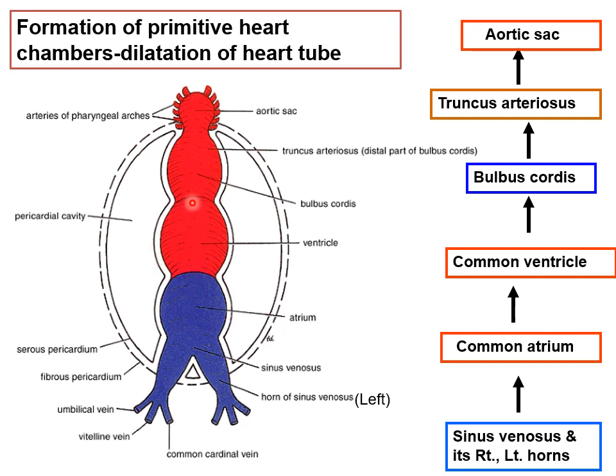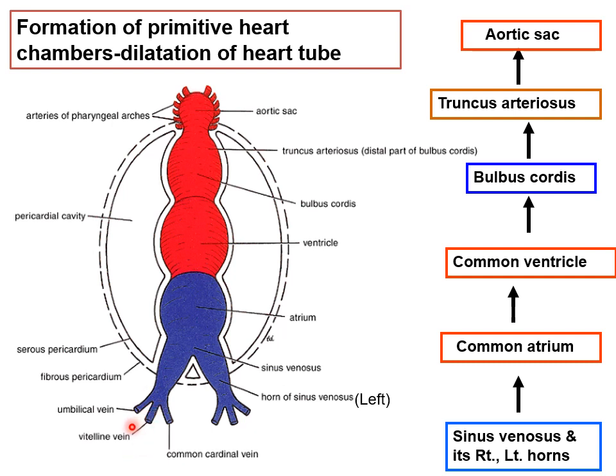This opens into a common ventricle, and then the next chamber is known as bulbus cordis. Cordis means heart, bulbus means again swollen, which then is continuous with truncus arteriosus, because we are coming towards the arterial end, and that is continuous with the aortic sac. So these are the chambers from below upwards.